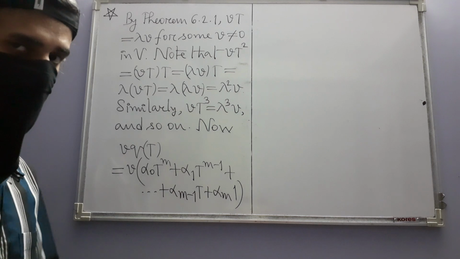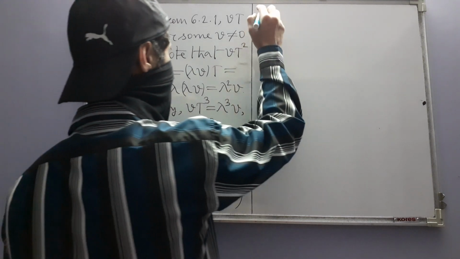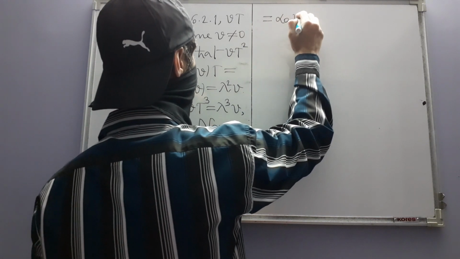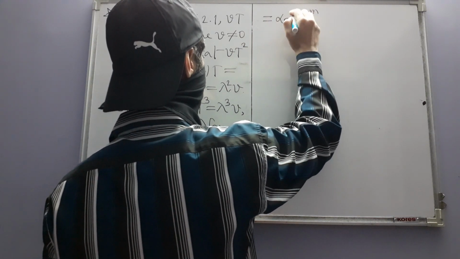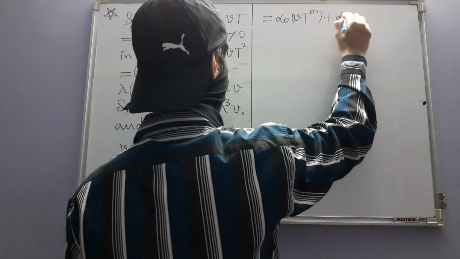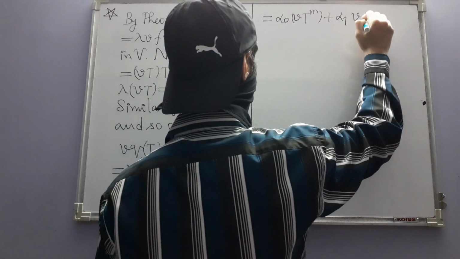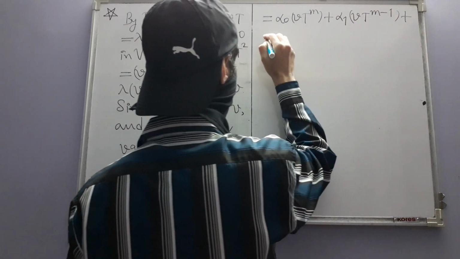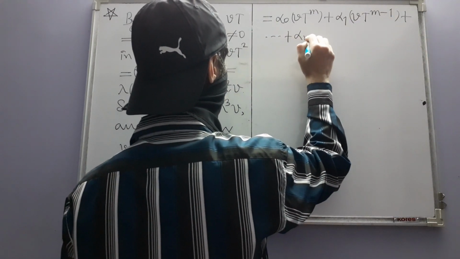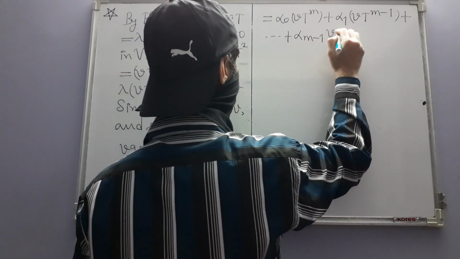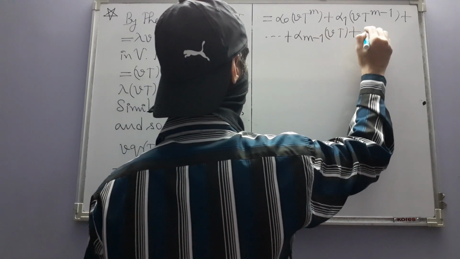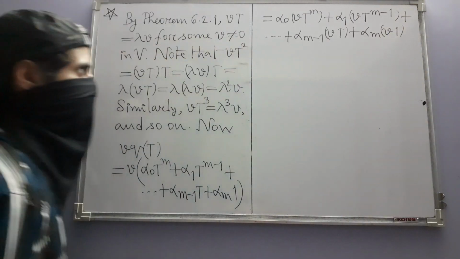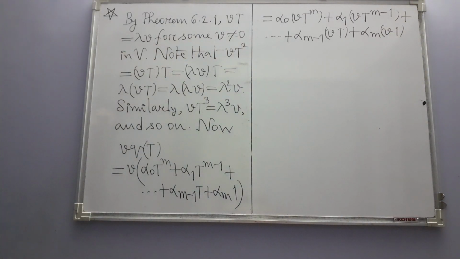By the definitions of those things, this is equal to alpha naught v T to the power m plus alpha 1 v T to the power m minus 1 and so on, plus alpha m minus 1 vT plus alpha m v1.